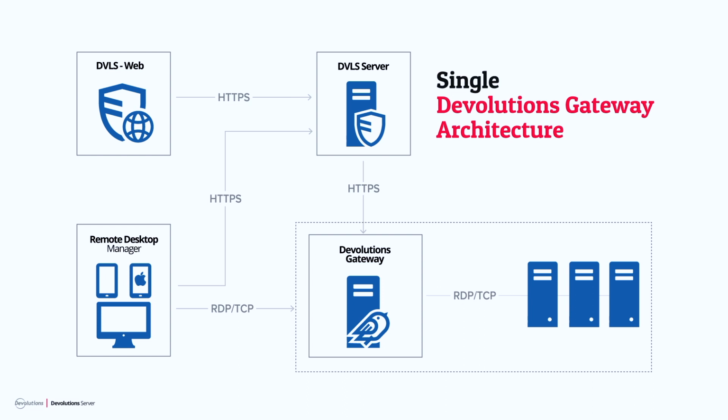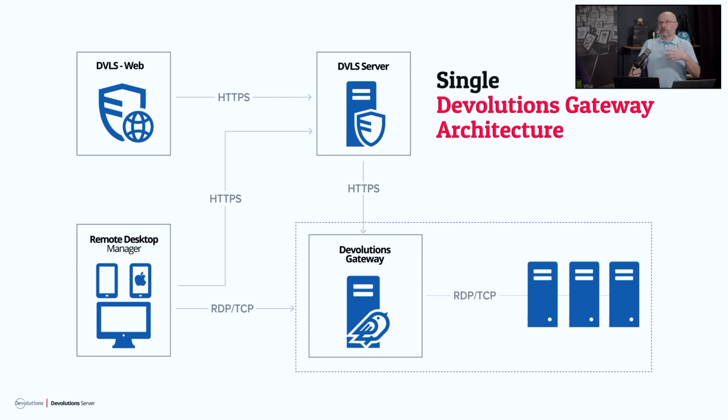Cool. So in the privileged session management mode, most likely you would deploy a gateway to act as a gateway into a secured zone of your environment or of your infrastructure. As you can see by the flow there, Remote Desktop Manager will call the Devolutions Server with a request to have a session go through the gateway. It will receive a token, which is then sent to the gateway to prove the authentication.